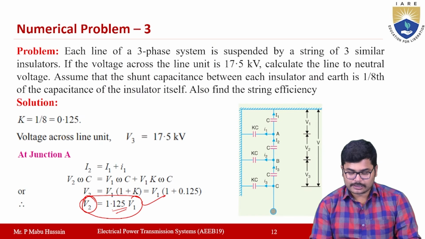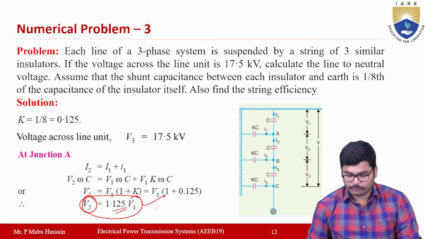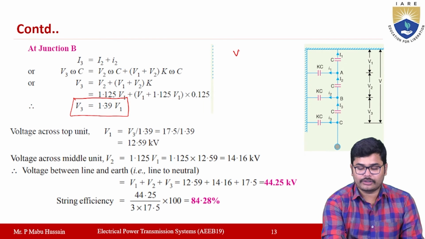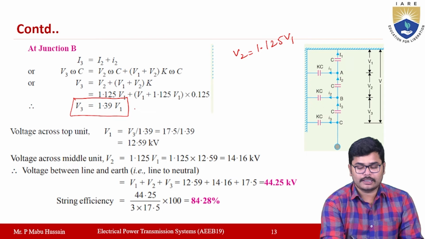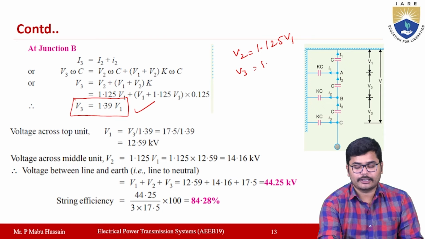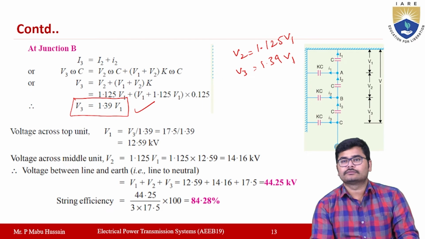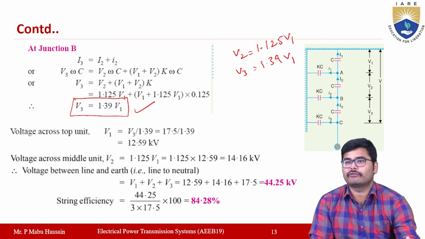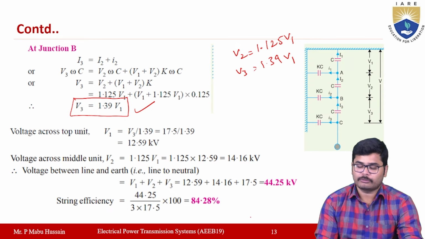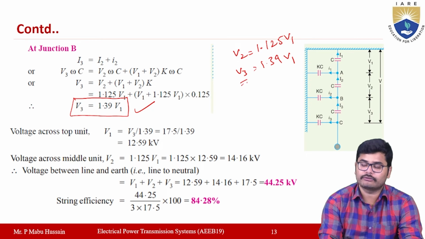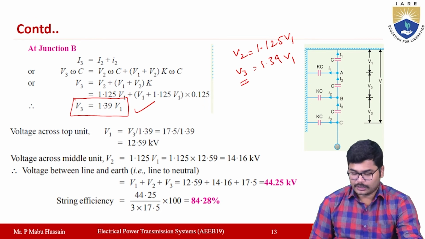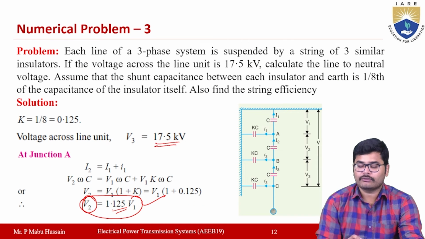So from the previous equation V2 is 1.125 V1, and V3 is 1.39 V1. We don't know the value of V1, but V3 is given in the problem itself: 17.5 kilovolts.